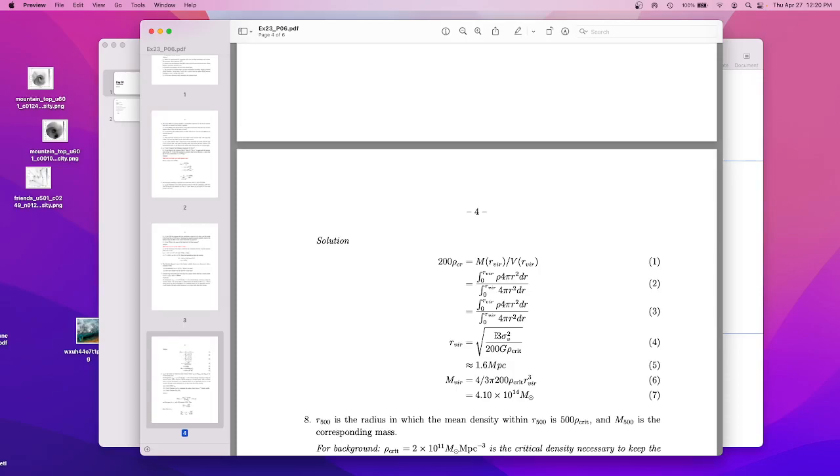So you should get a number on the order of 1 megaparsec. I got 1.6, but I think it's high. I don't like that number, so I'm going to downscale that. It's the right ballpark, though. Does that make sense to everybody, how I got here? And then the virial mass is just what's the volume of a sphere?